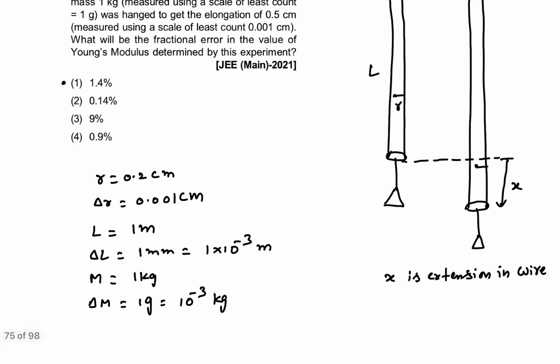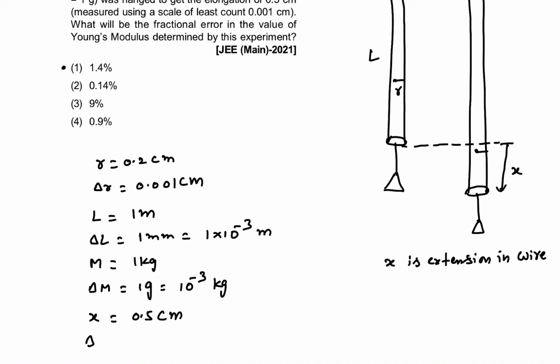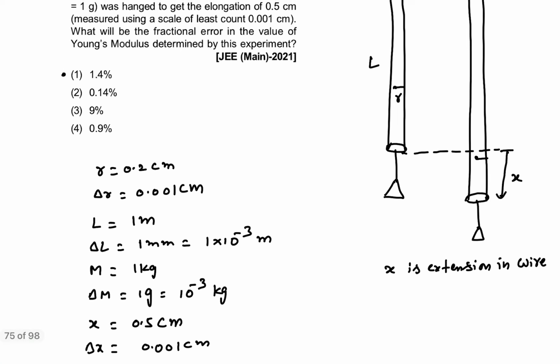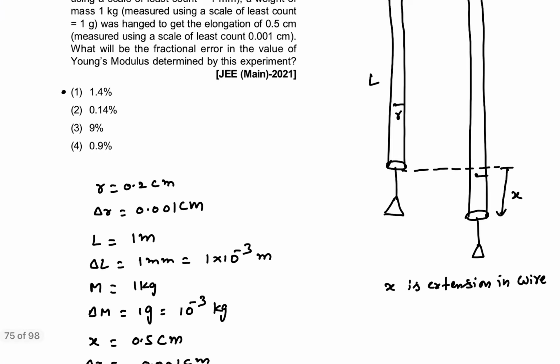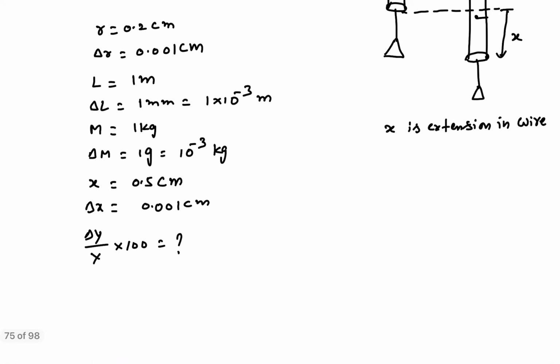Next, delta M is given as 1 gram, and 1 gram is 10 to the power of minus 3 kg. Next, elongation x is given as 0.5 centimeters, and delta x, the error in x, they have given 0.001 centimeters. Next, you need to calculate the percentage error in Young's modulus.